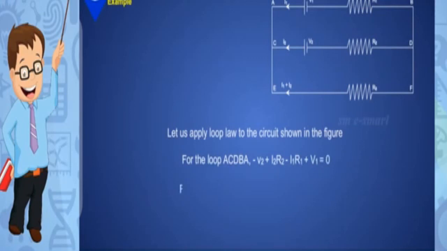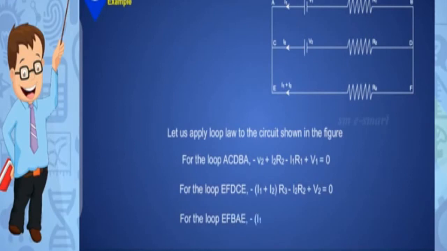For the loop EFDCE: minus (I1 plus I2) into R3 minus I2 R2 plus V2 equals 0. For the loop EFBAE: minus (I1 plus I2) into R3 minus I1 R1 plus V1 equals 0.